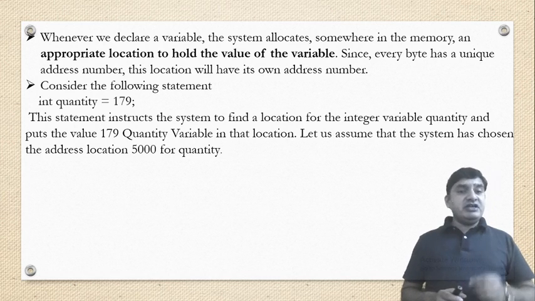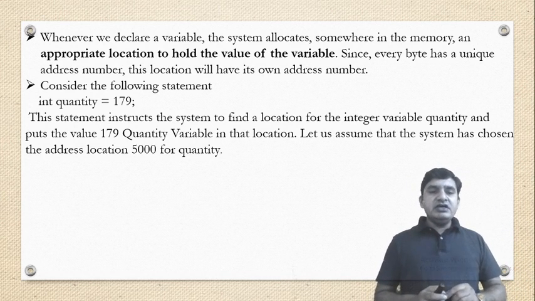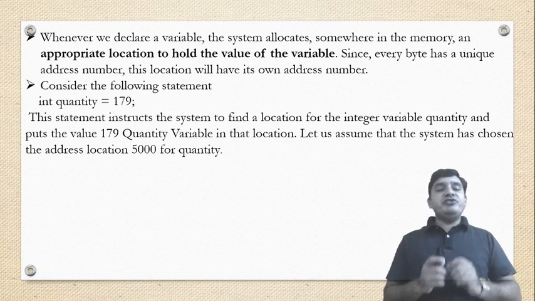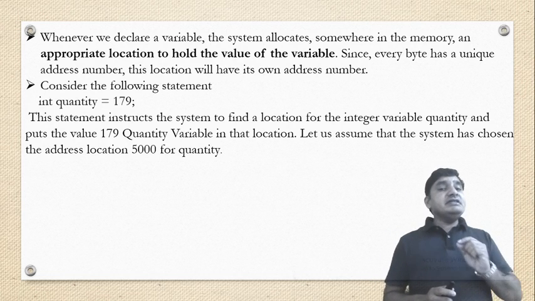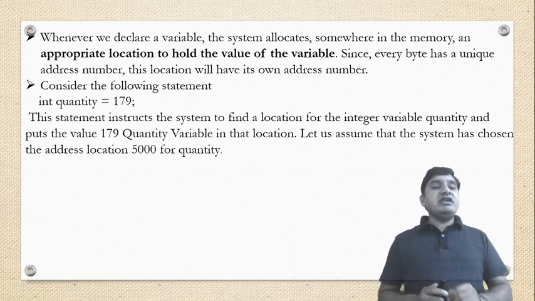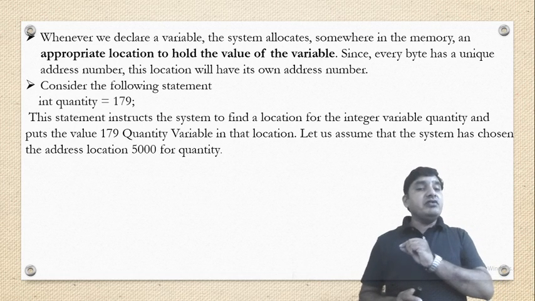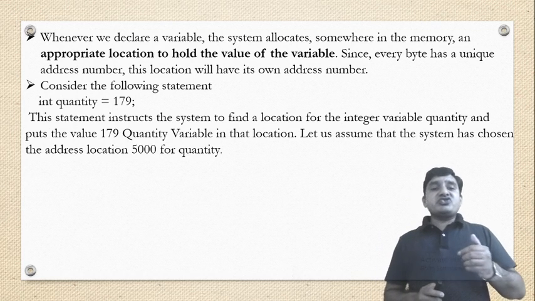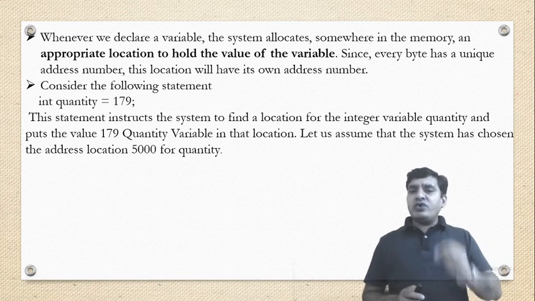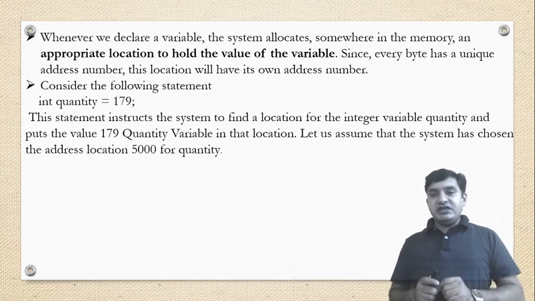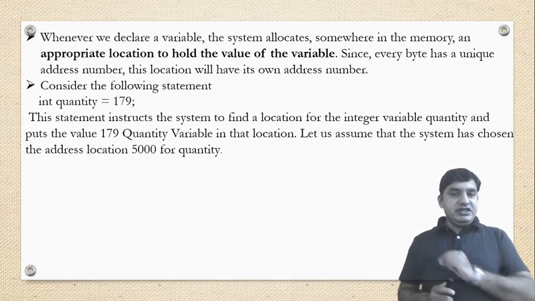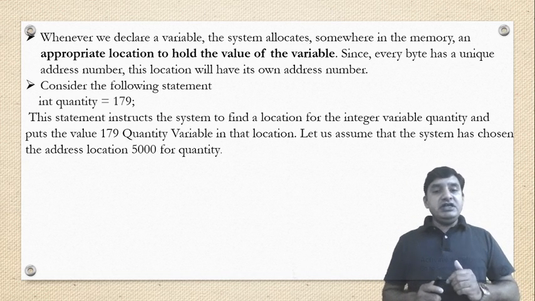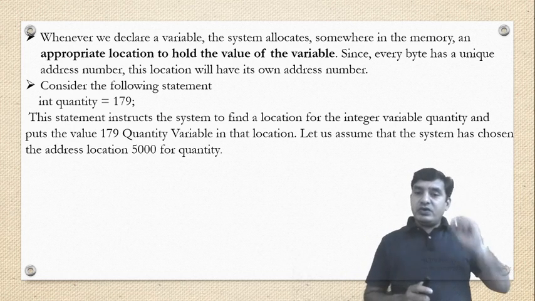Consider the following statement: int quantity = 179. Here int is the data type, quantity is the name of the variable, and 179 is the value of the variable. This statement instructs the system to find a location for the integer variable quantity and put the value 179 in that location.